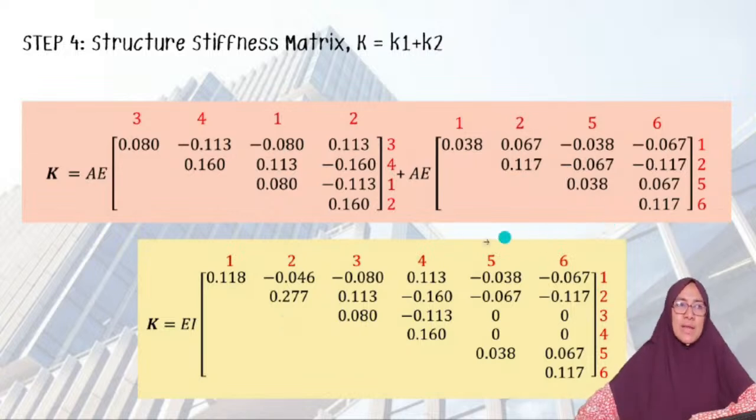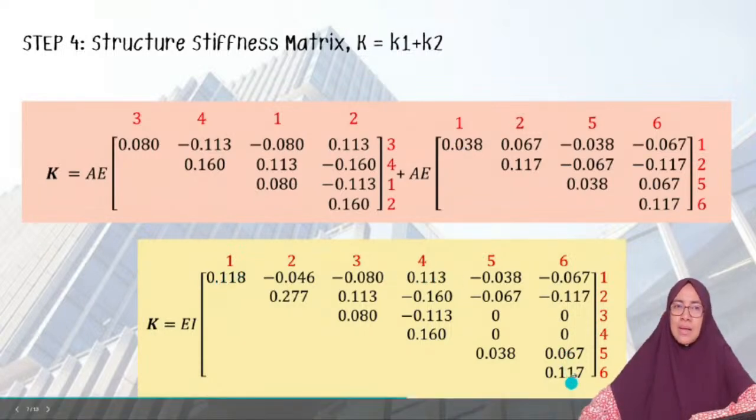So we have to find the value at position 1,1. Where is 1,1? 0.080 here. 1,1 is 0.080, plus 0.038, so we get 0.118. We do the same until we get the whole value, so we find position 6,6.